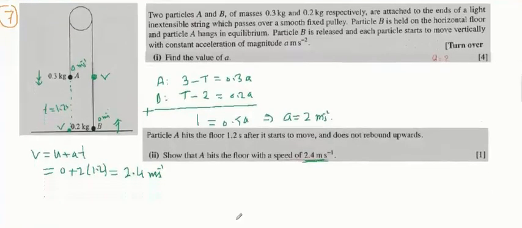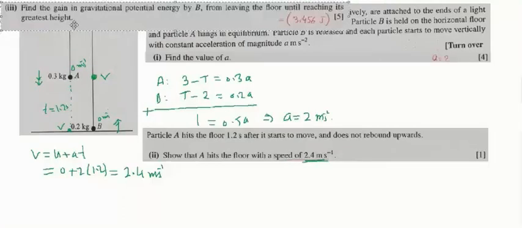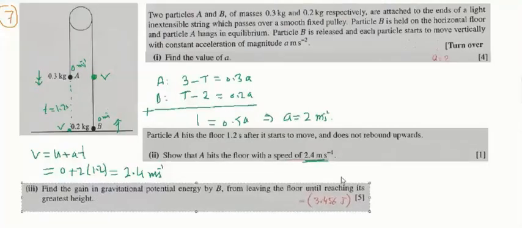Right? Okay, then the next part is related to the energy. So it is asked to find this one. Find the gain in the gravitational potential energy by B from leaving the floor until it reaches its greatest height.